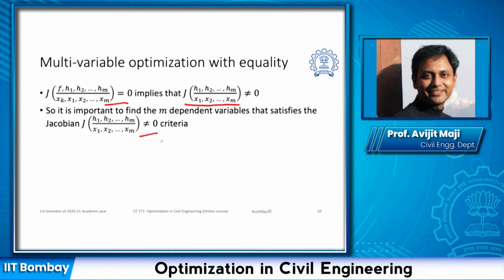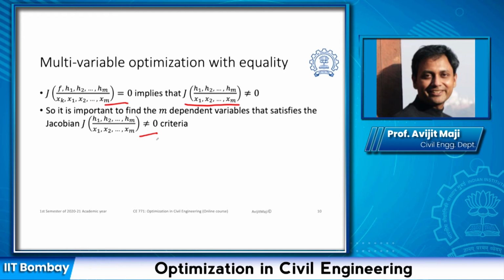So we can have many combinations of the m dependent variables, but we have to find the combination which is going to satisfy this particular condition, where the Jacobian of those dependent variables in the constraint functions is not going to be equal to 0.